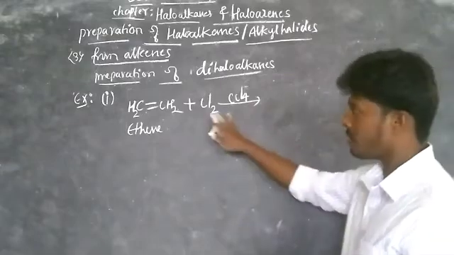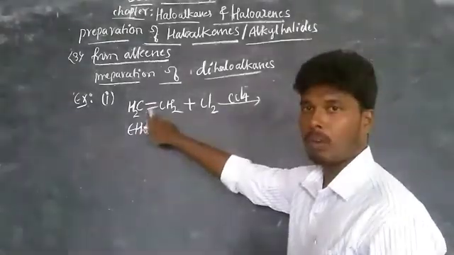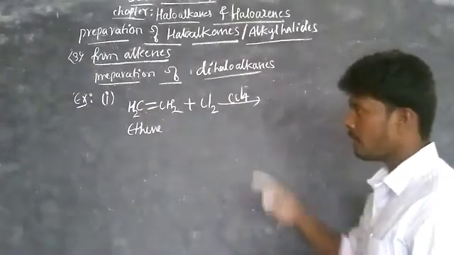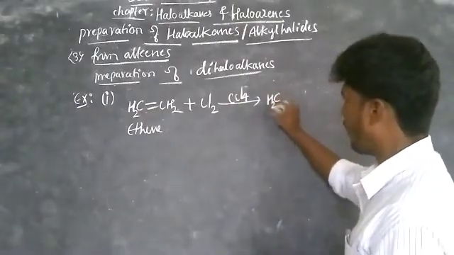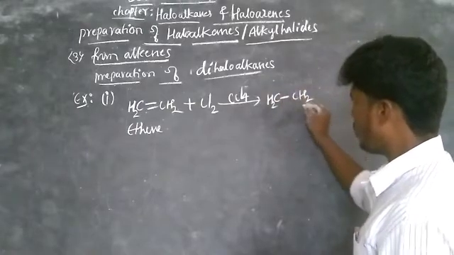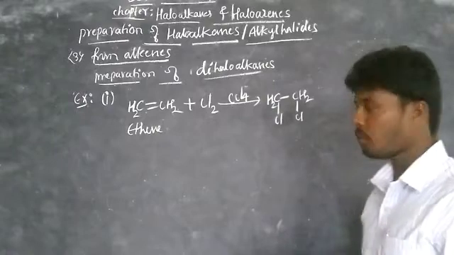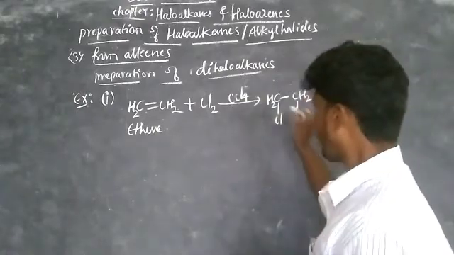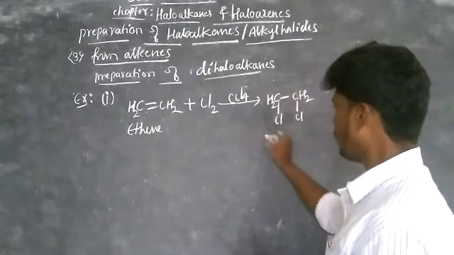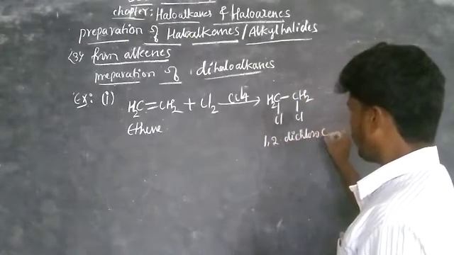What you get is that both chlorine atoms get added across the double bond, each chlorine to each carbon: CH2 bonded to CH2, one chlorine on this carbon and one on that carbon. So you get this product. What is its name? 1,2-dichloroethane.